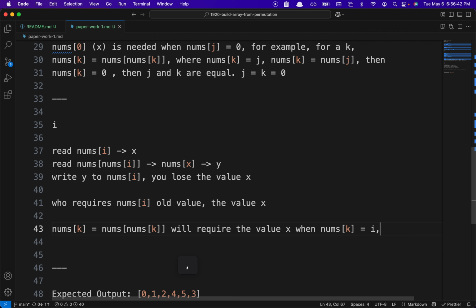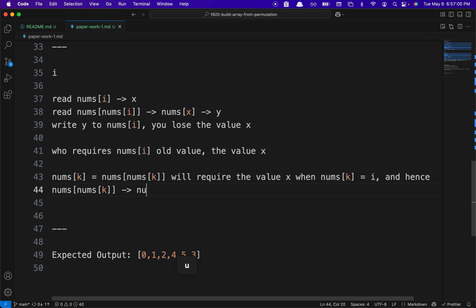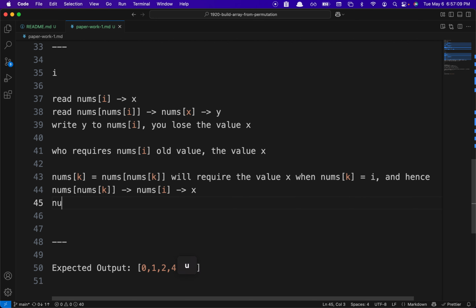When it is equal to I, and hence nums of k is I, so then you will require x, right? And then you need to say nums of k is x is equal to x to nums of k, right?